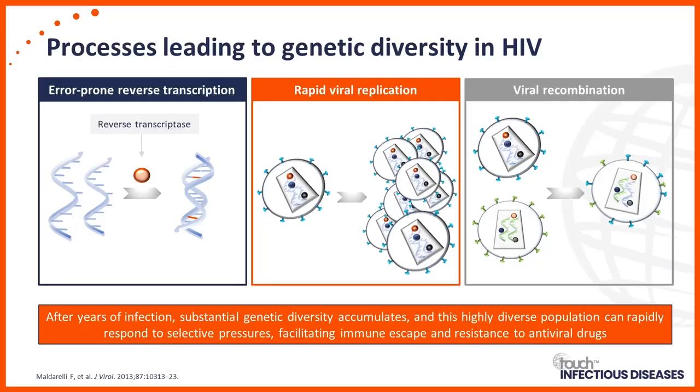Then thirdly, when two different viral particles infect the same cell, they can recombine. And so this can be either a result from accumulated diversity within a single person, or it can be because of superinfection. A person is infected with a strain and gets superinfected with another HIV strain. And so when these two different viruses infect the same cell, the pieces of the viral genome can recombine and form a mosaic new genome.